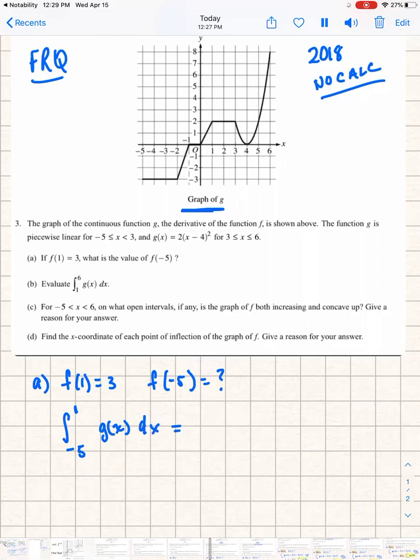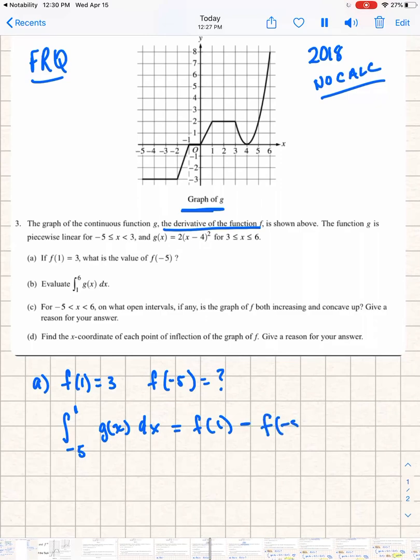Well, since g is the derivative of f, we know that we're going to get f of 1 minus f of -5. Well, we already know f of 1. We don't know f of -5. So I'm going to rearrange some things and bring it over.